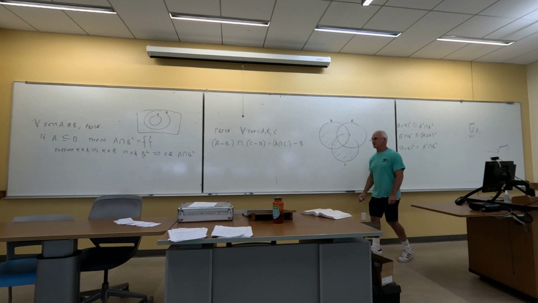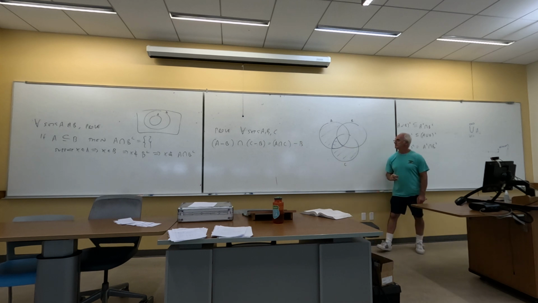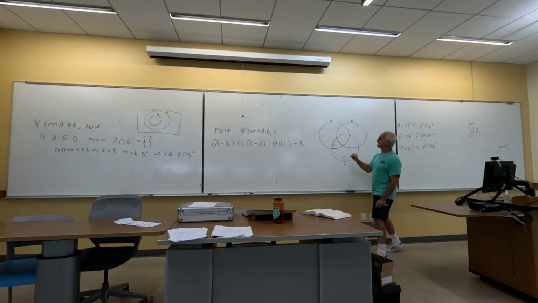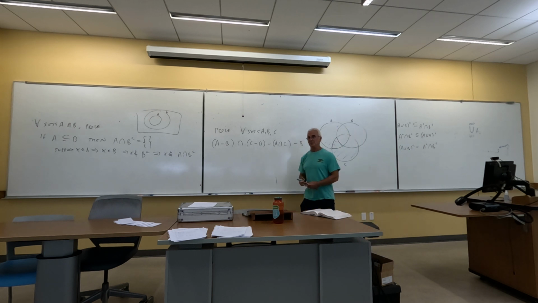What does it appear that my intersection is? You agree? What the heck is that? Well, if I take the intersection of A and C, which is all of this, and I remove B, you see it? Now, do you believe it's true, first of all?